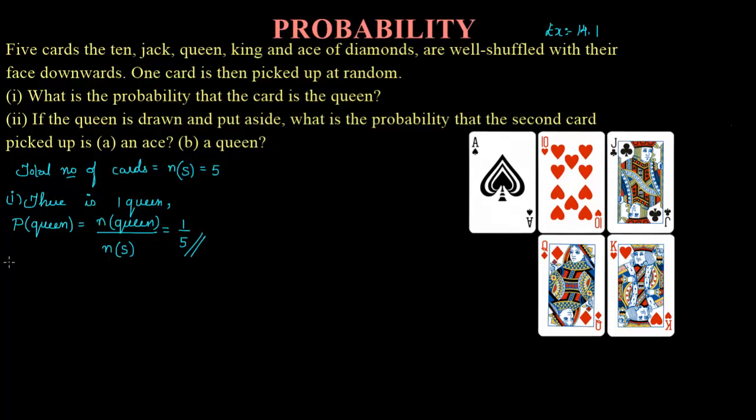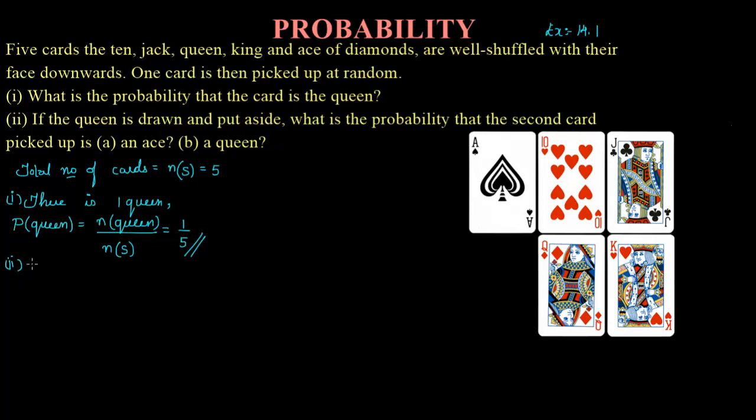Now part 2 of this question: if the queen is drawn and put aside, the total number has become 4. Before it was 5, now the queen has been removed, so there are 4 cards in total.